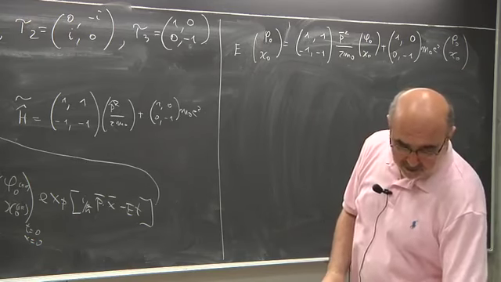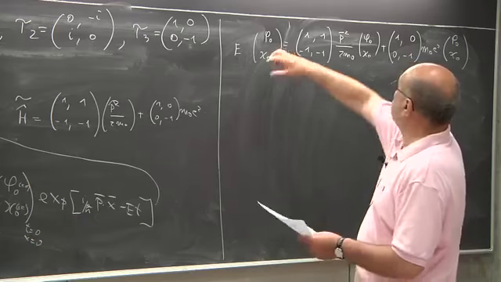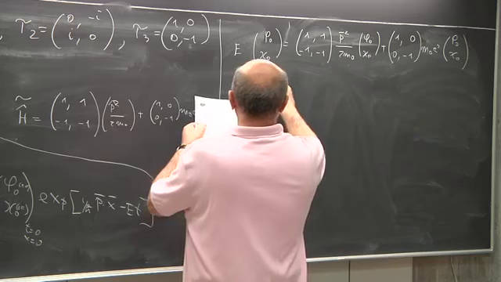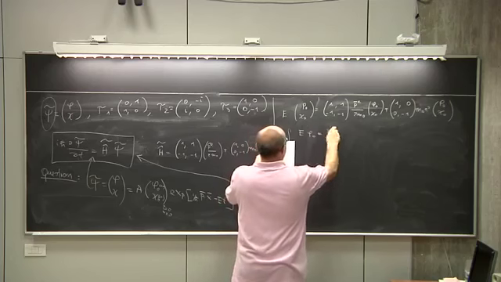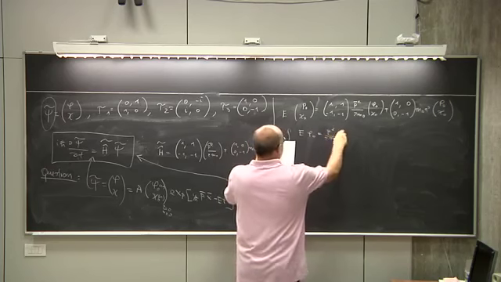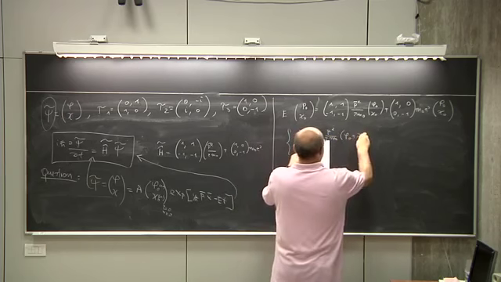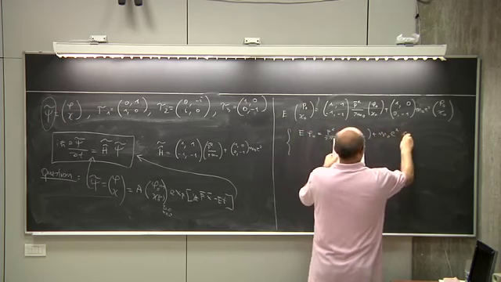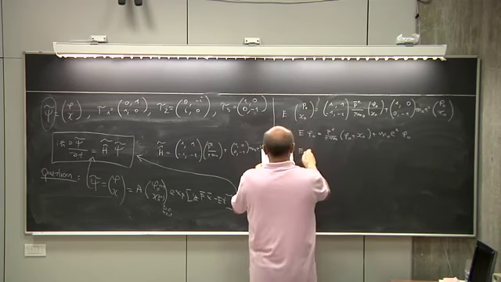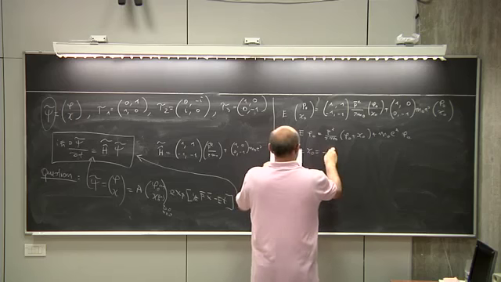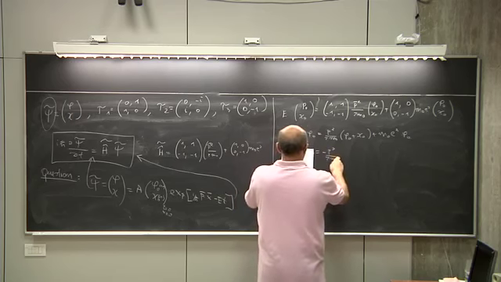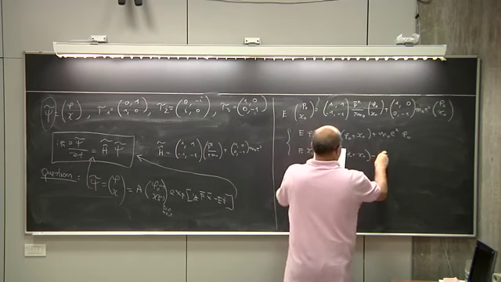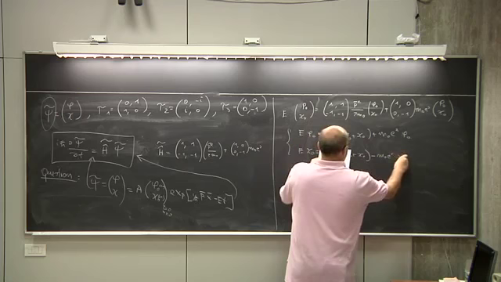If you work them out, so let's do this matrix calculation, and you get two equations. You get E phi 0 equal p square over 2m0 phi 0 plus chi 0 plus m0 c square phi 0, and E chi 0 equal minus p square over 2m0 phi 0 plus chi 0 minus m0 c square chi 0.